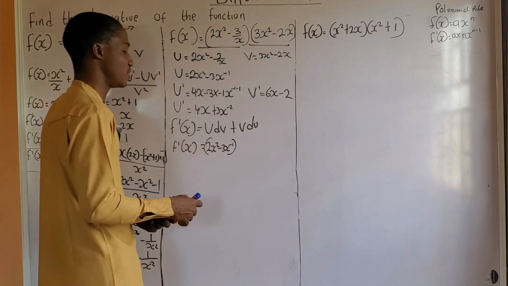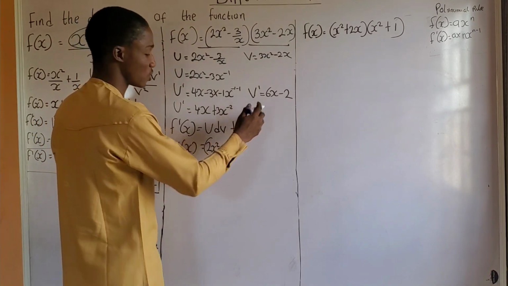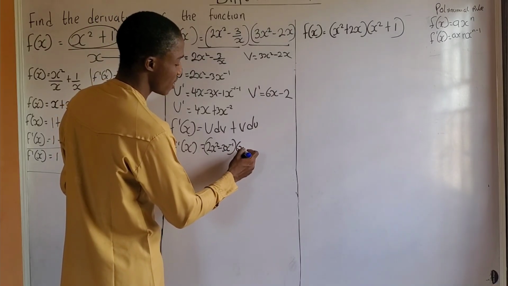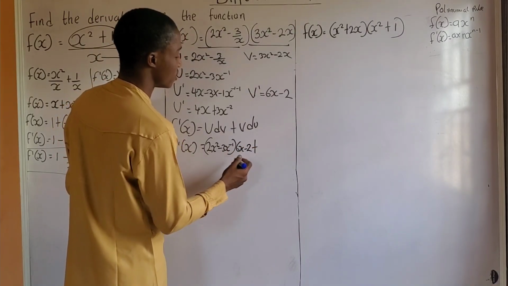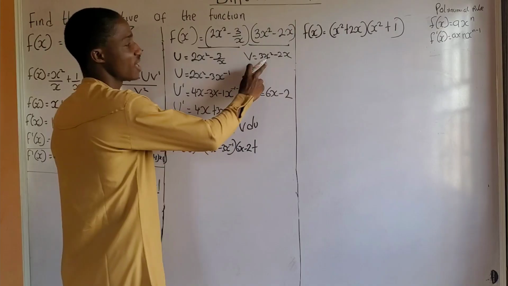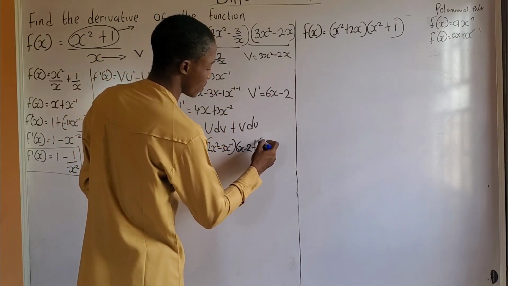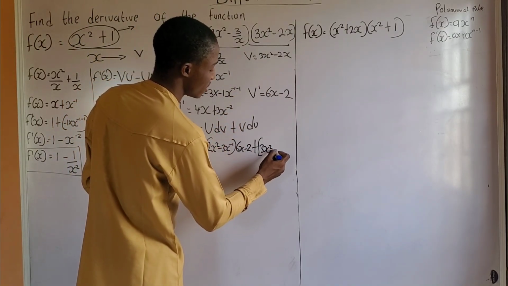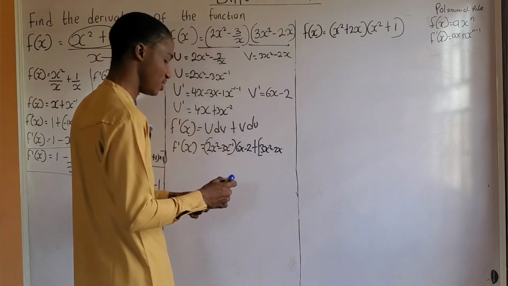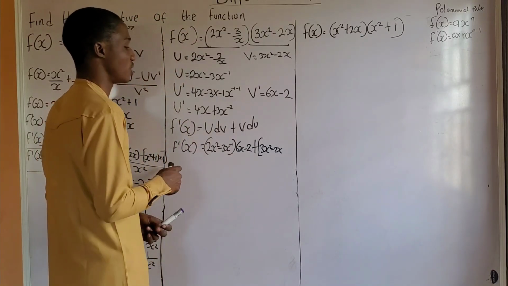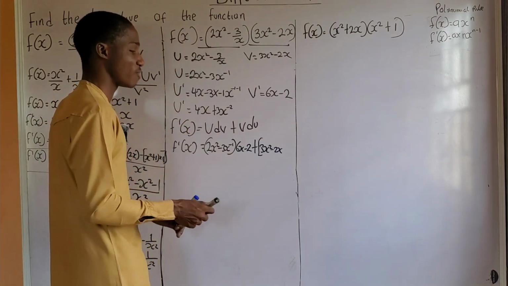What is the derivative of v? The derivative of v is 6x minus 2. So I'm going to have multiply 6x minus 2, then plus, now v. v is what? 3x squared minus 2x. I'm going to have 3x squared minus 2x multiplied by du. The derivative of u is what? 4x plus 3x to the power of minus 2.